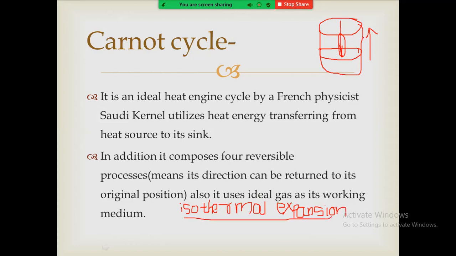Whenever the piston is going to the upper side, there is an isothermal expansion process, and there is no change in the temperature of the system. That means whatever temperature is available in the system will remain constant.